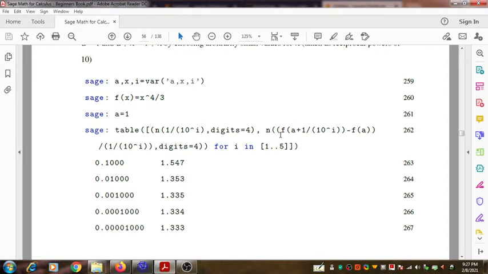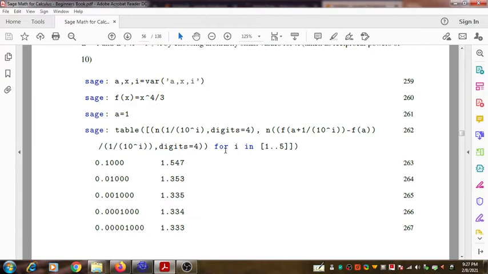Then, separated by a comma, n of f of a plus 1 divided by 10 raised to i, minus f of a. That quantity must be divided by 1 divided by 10 raised to i, and there also we specify the number of decimal places, digits equal to 4. This should be repeated for i.